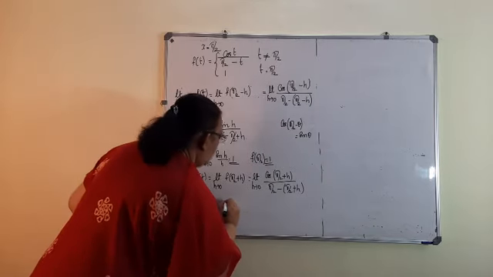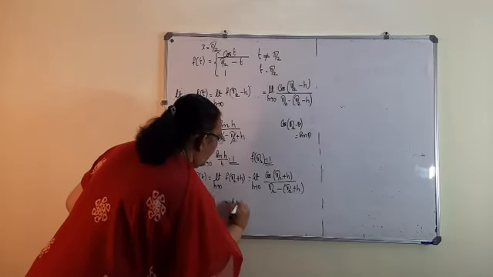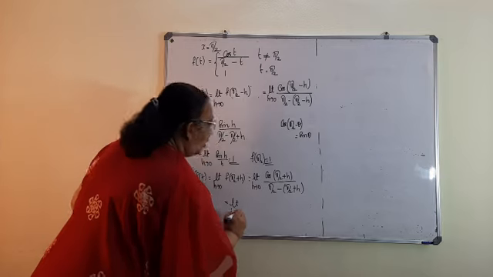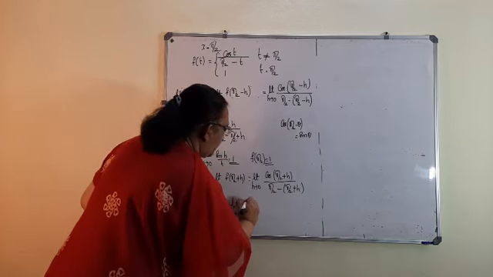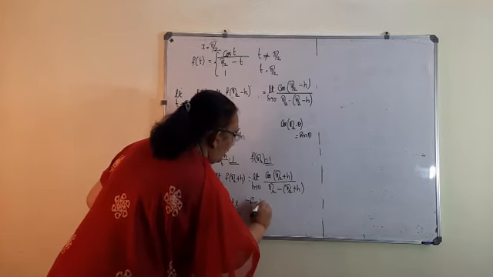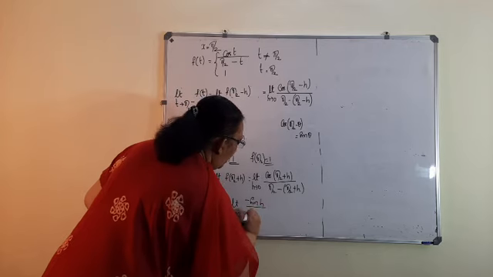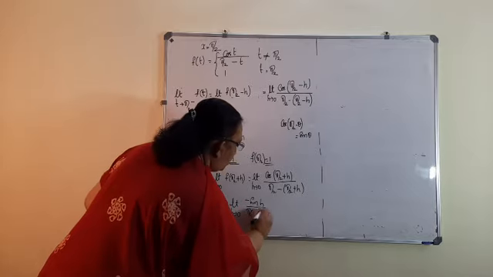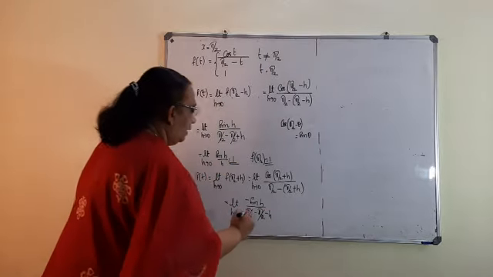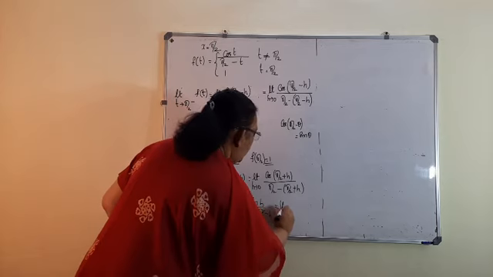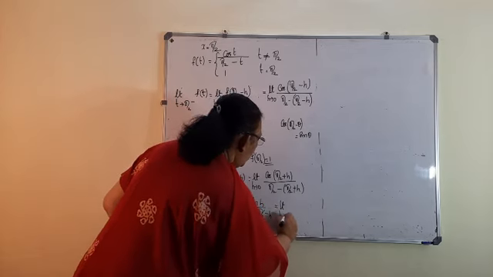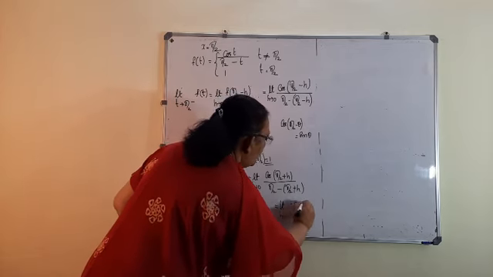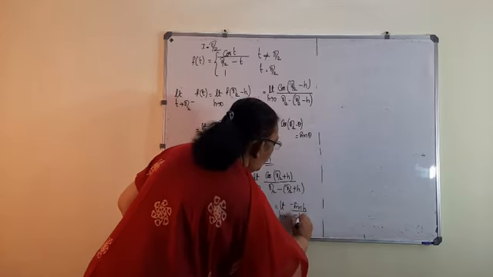Which is equal to limit of h tending to 0 of cos(pi/2 + h), that is minus sin h, divided by (pi/2 minus pi/2 minus h). Pi/2 and minus pi/2 cancel. It is equal to limit of h tending to 0 of minus sin h divided by minus h.